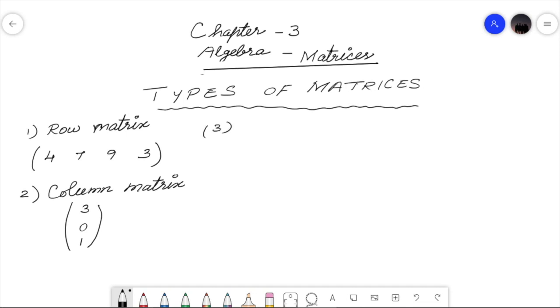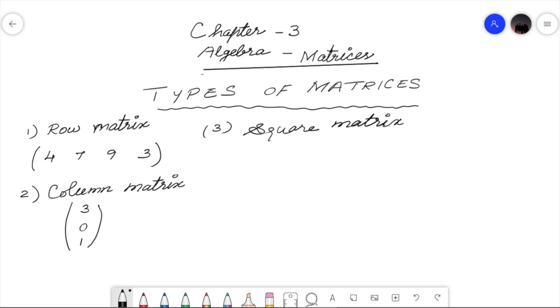we can say square matrix. Square means all four sides will be of equal measurement, isn't it?